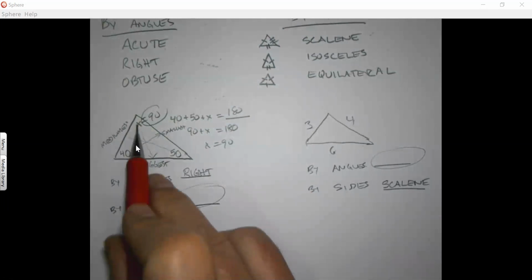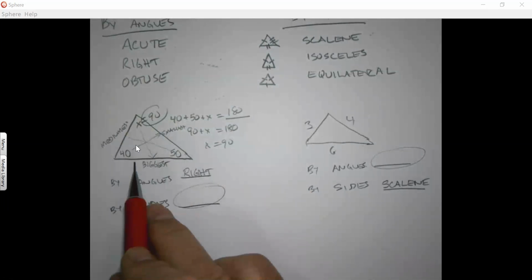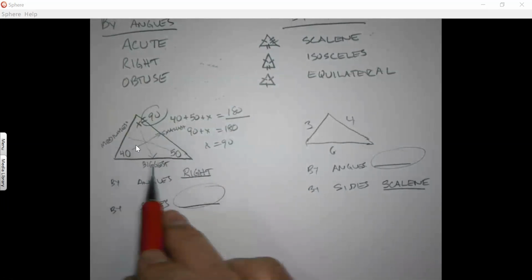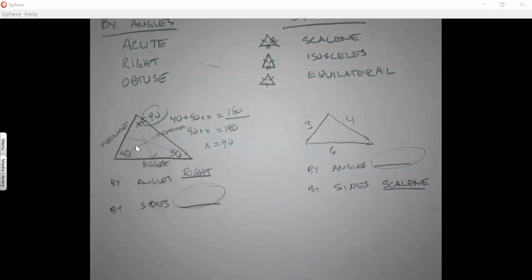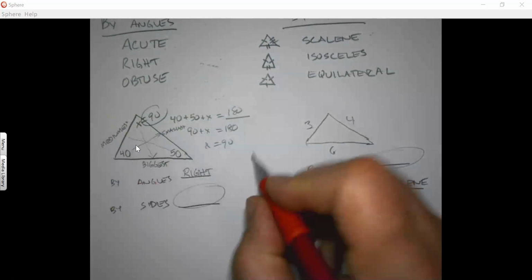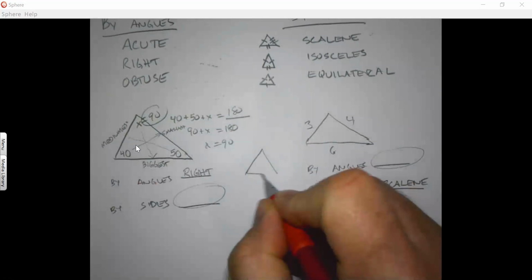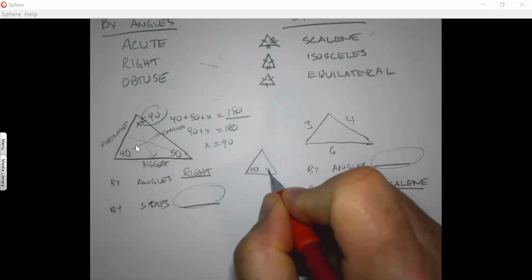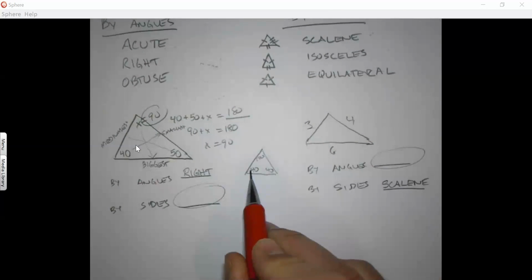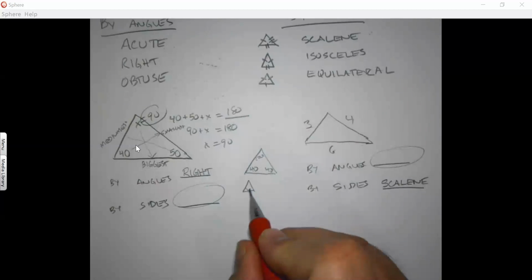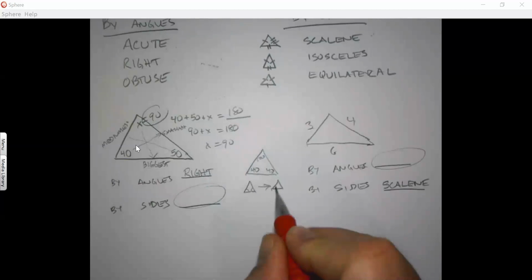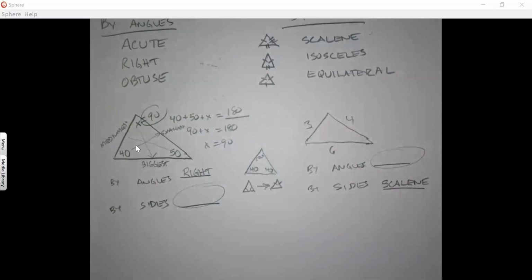Well, if these angles are all different numbers, what's going to be true about the lengths of all these sides? They're going to be different. They have to be, don't they? Because if we saw that, for example, these were both 40 degrees and this was 100 degrees, where a pair of interior angles were the same, then we'd be able to apply the converse of the isosceles triangle theorem to say that that's an isosceles triangle.